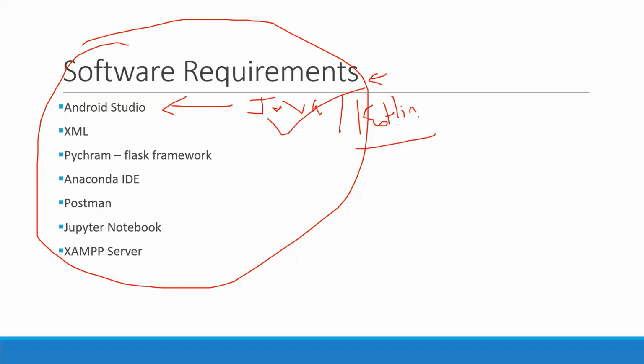You can use Kotlin as well, because Kotlin and Java are similar. There is not any major difference basically. Java is object-oriented programming. For creation of layouts, you should have XML knowledge. The person should be an expert in XML.